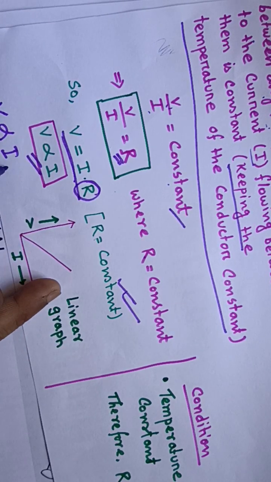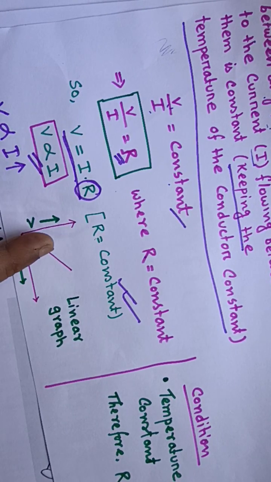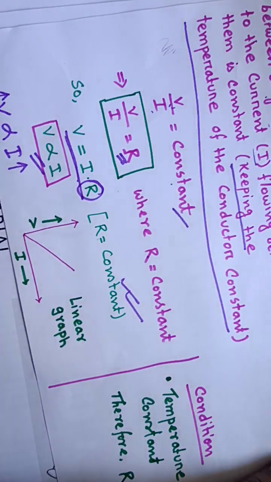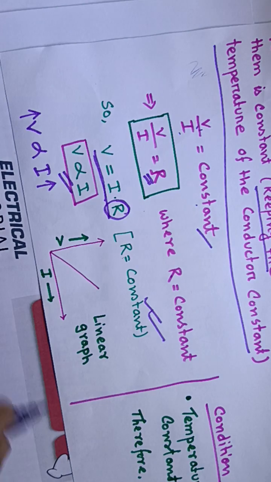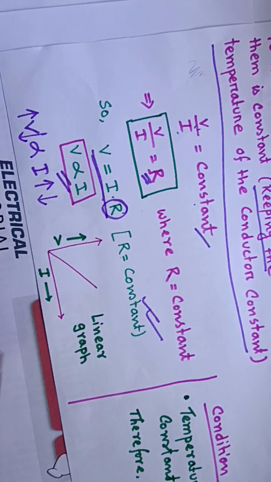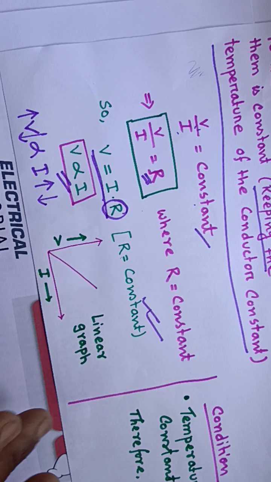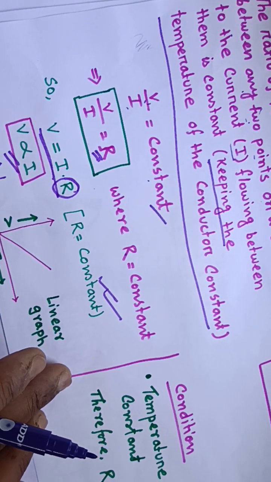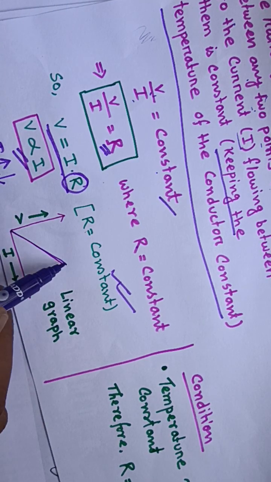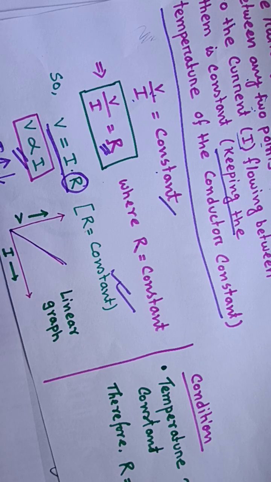So that means if the value of current increases, then the value of voltage also increase, right? The value of voltage also increase, and if the value of current decreases, then the value of voltage will decrease. So that means both the component depend on each other. So by considering this condition, we can plot the graph as linear graph passing through origin.